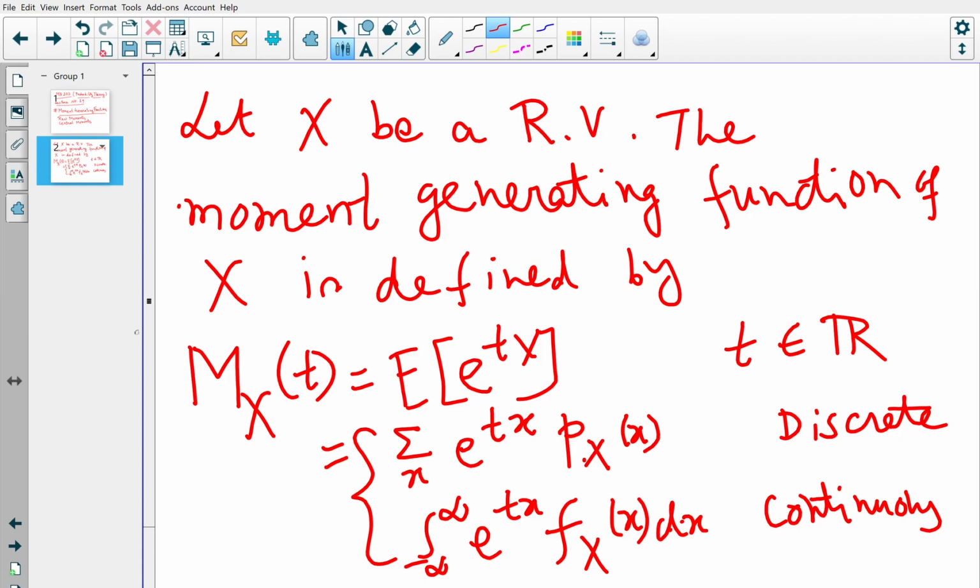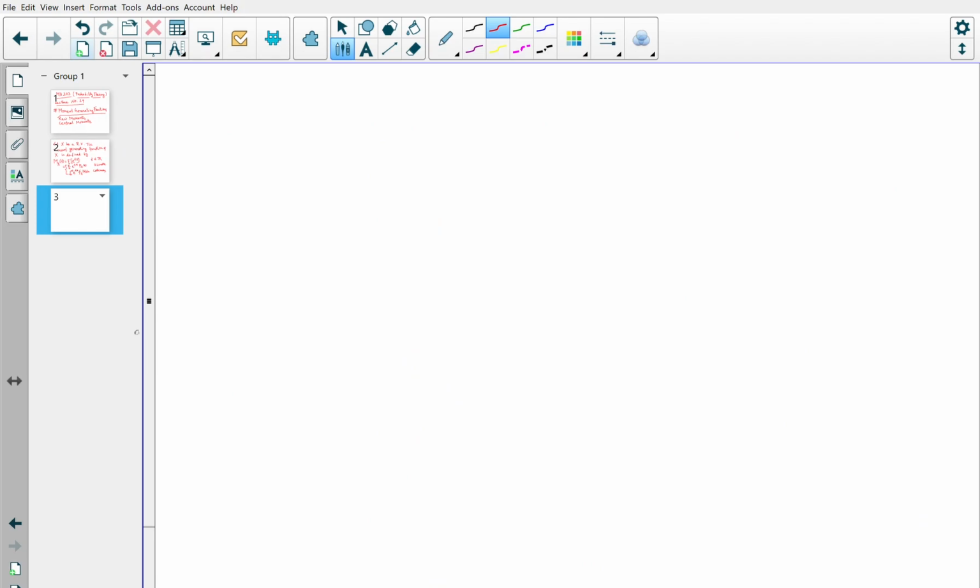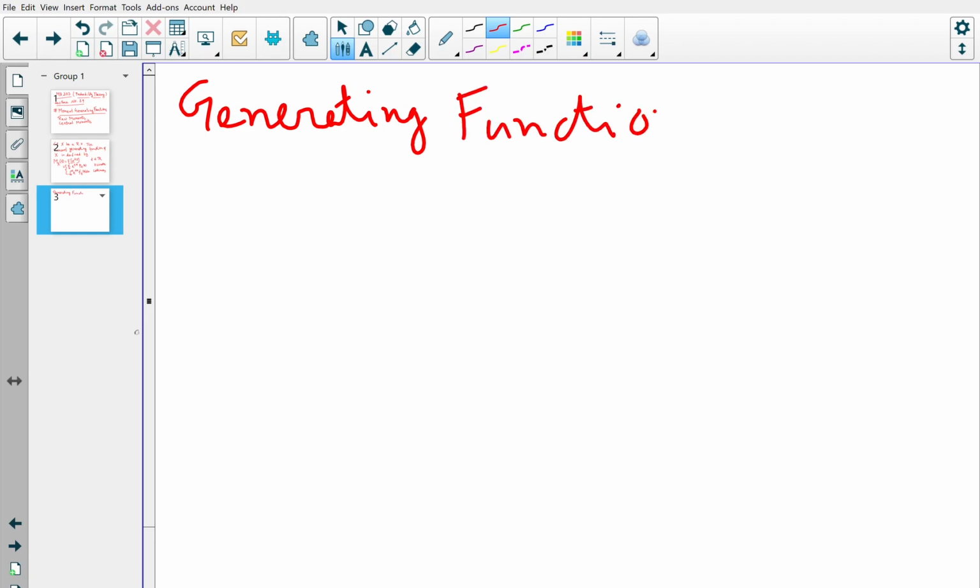Now let me discuss why it is called moment generating function. The term generating function is from combinatorics, where people generally use it.